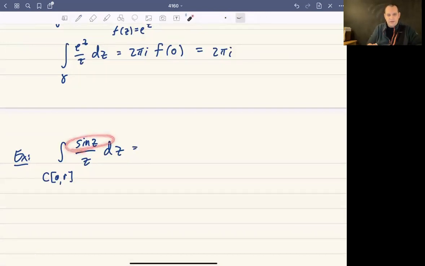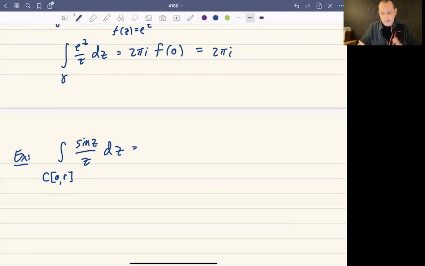Sine is holomorphic everywhere. So it's an entire function. This curve is closed, simple, piecewise smooth, positively oriented. So we're assuming that we're going around in a positive orientation. And again, this is an entire function, so it's holomorphic everywhere.